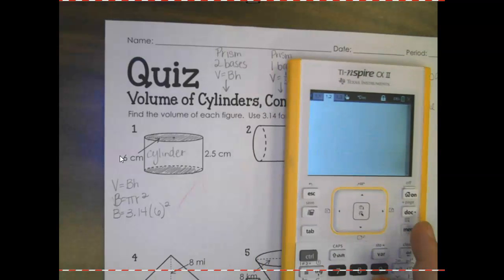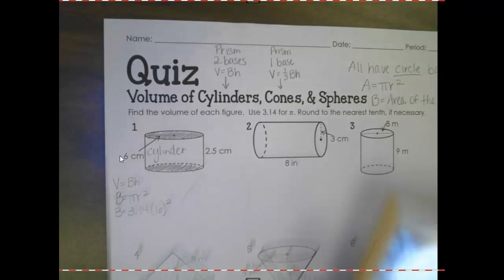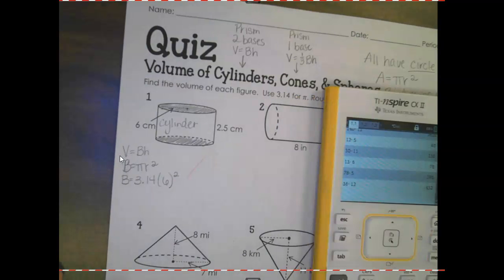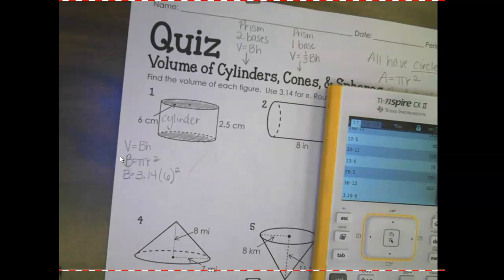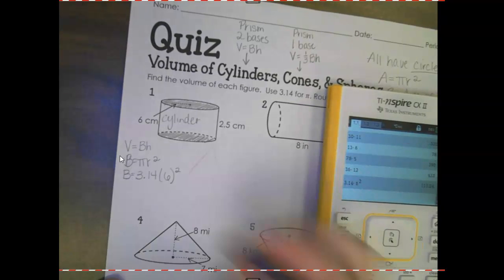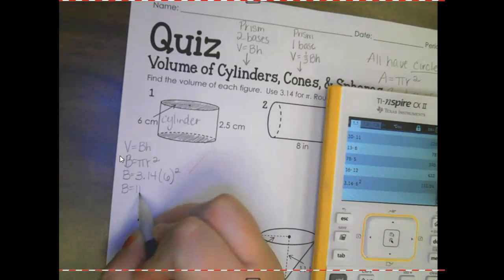These are the ones we use in class. So I'm going to use the other one. It's got many tabs open, so. Alright, so we're going to do 3.14 times 6 squared. And we get a big B of 113.04.